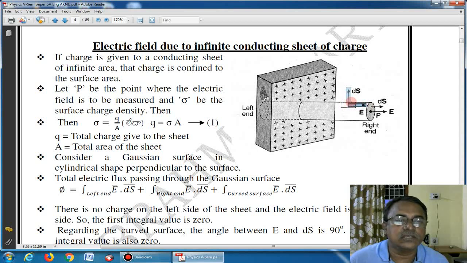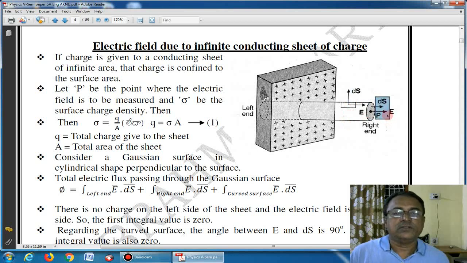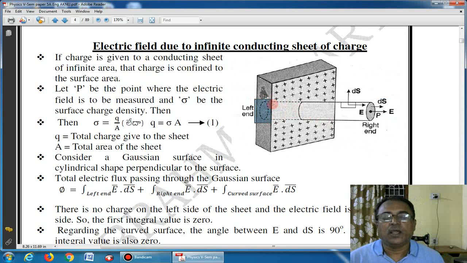So in this case theta is equal to 90 degrees, and in the other case theta is equal to 0 degrees. And coming to the left end, the charge on the left side is 0, and it has no electric field E bar here on the left end surface.